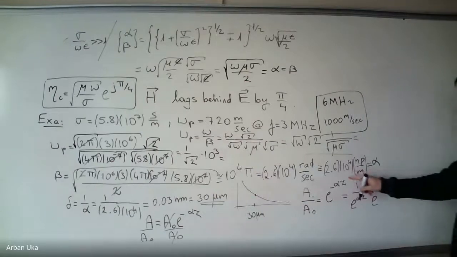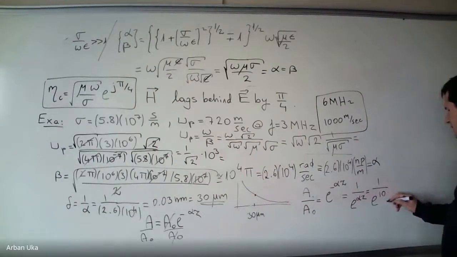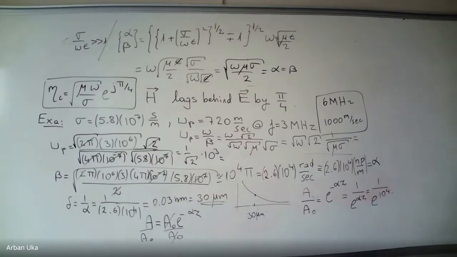Alpha is 10 to the power 4, times z. What was this specific length? This was 30 micrometers, which is 30 times 10 to the power minus 6.